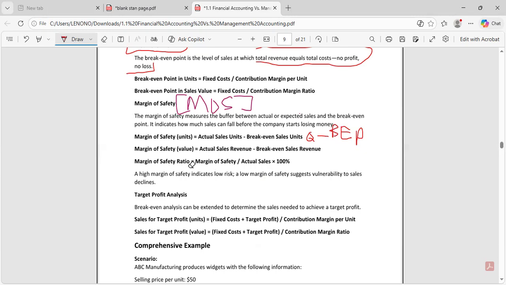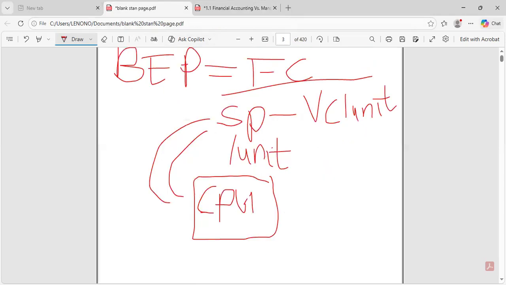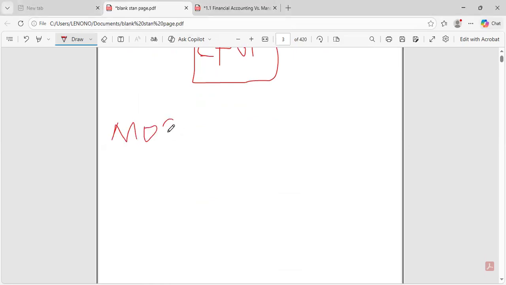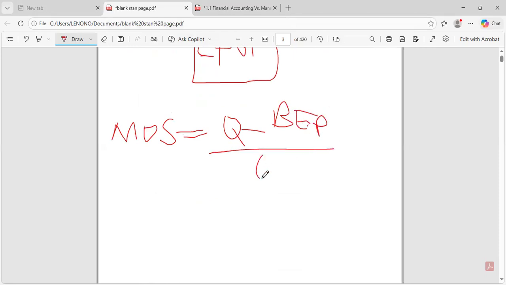All right, margin of safety ratio is margin of safety over sales times 100%. So it's actually Q minus BEP over Q. So our margin of safety ratio is equal to Q minus BEP, then over Q, multiplied by 100%.